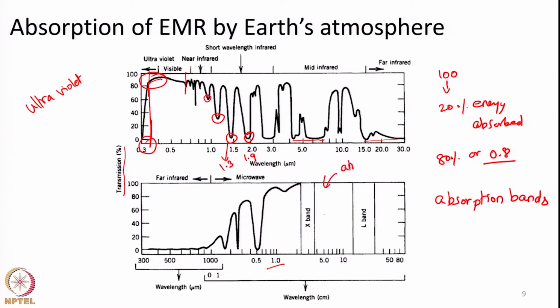So, the atmosphere is transparent to microwave wavelengths. Microwave essentially is free from atmospheric absorption. The amount of absorption undergone by microwave is extremely low because the atmosphere is fairly clear.